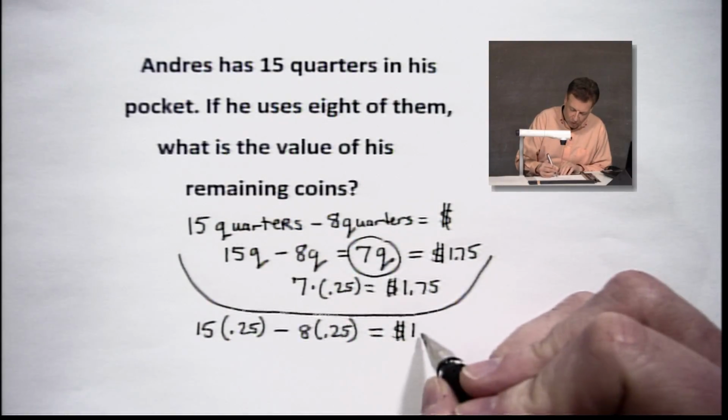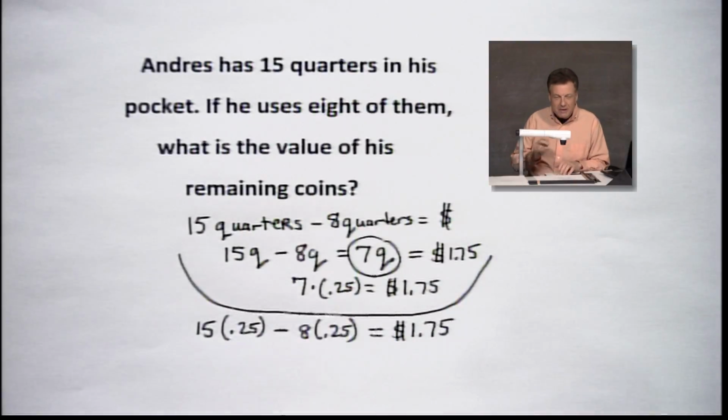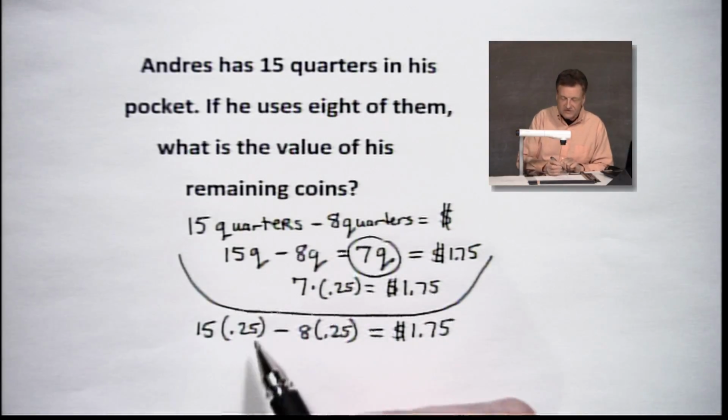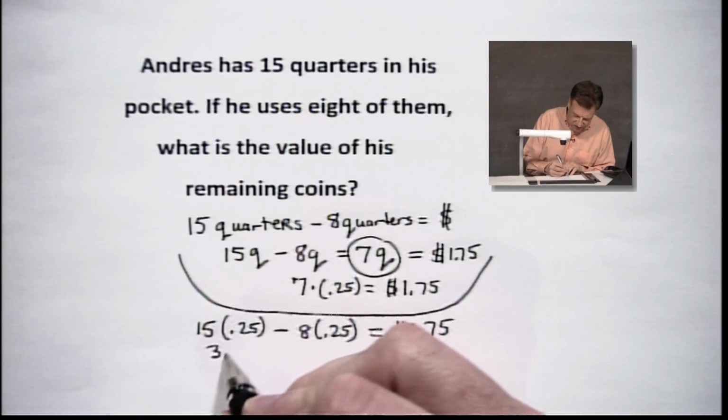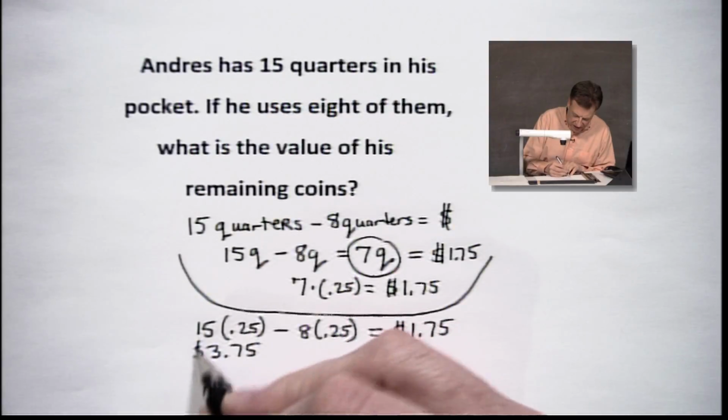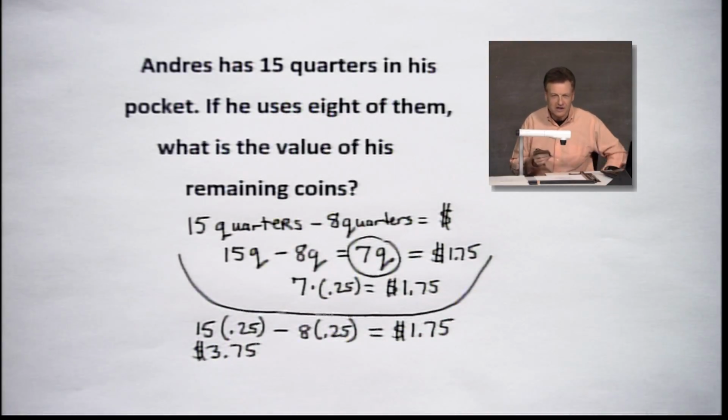It's a little bit more complicated, but I'm supposed to come up with $1.75. Let's see if it works. First of all, 15 times 25. Let's see, 4 makes $1, 8 will make $2, 12 makes $3. We got a little bit extra, so that's going to be $3.75.